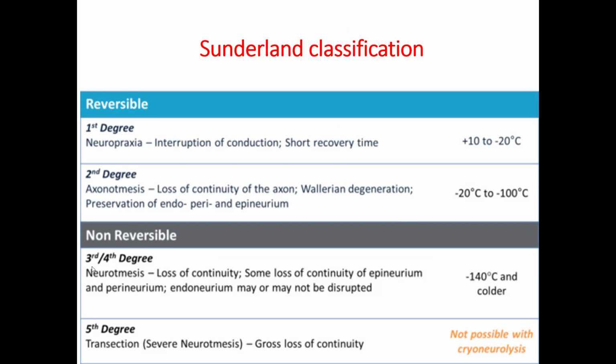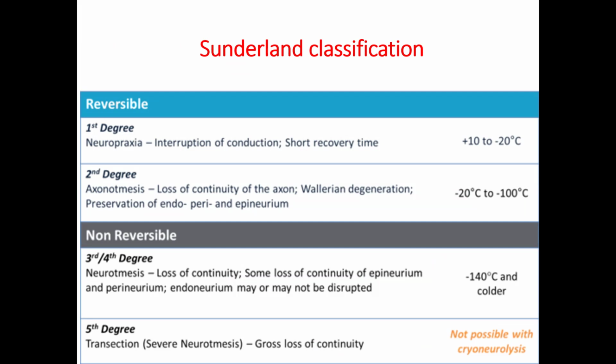Non-reversible starts from third to fifth. Pulse radiofrequency doesn't go beyond this first to second degree, so it's not really traumatic. However, with conventional RF, you go up to fifth degree, so the nerve is basically severed completely with a conventional or water-cooled radiofrequency.